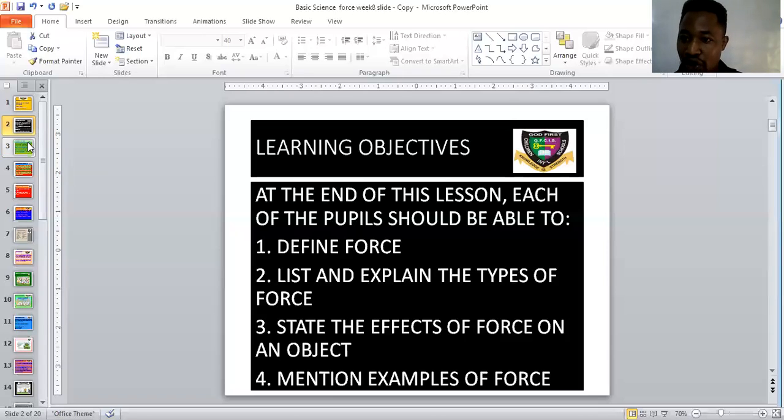Take, for instance, your house chores. Do you know you need some sort of force to get the chores done? You want to wash the dishes in the kitchen. You need to exert force on the sponge that you use to scrub the dish to get it clean. You want to wipe the dirty surface of your table.